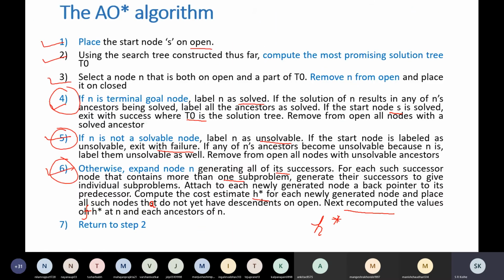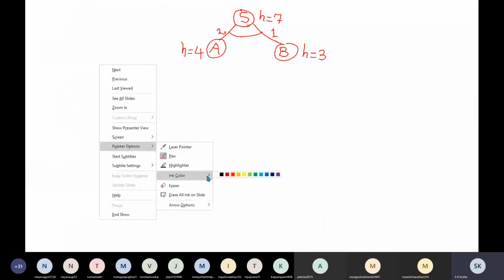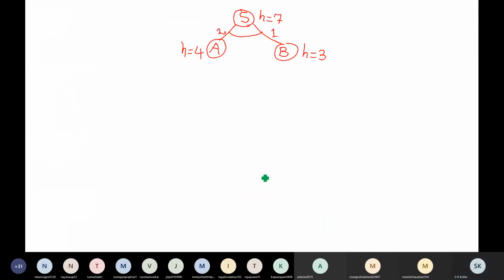Go back to the algorithm. Here in step 6 we are saying generate and attach back pointer and then recompute the cost. So the cost of S will change. What will be the cost? Instead of 7, the cost of S will be 4 plus 3 plus 2 plus 1, that is 10.